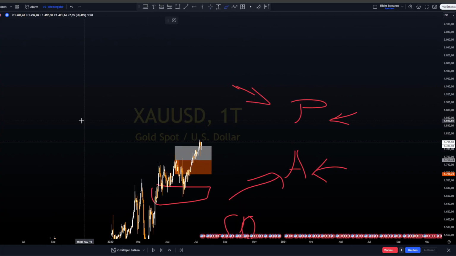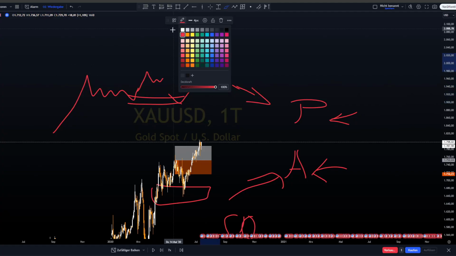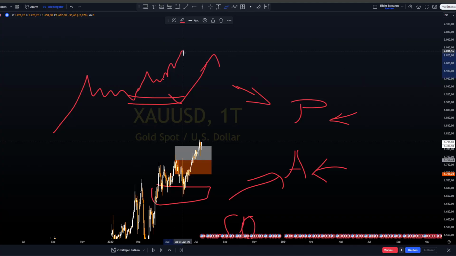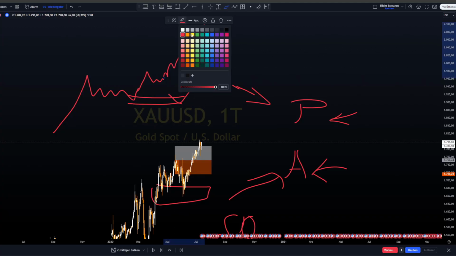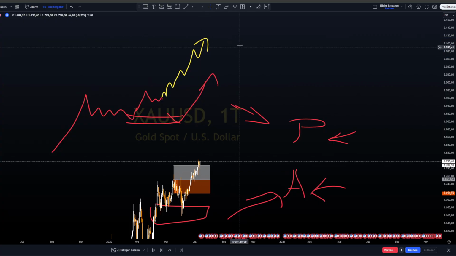What does it mean? Let's say there's a move like that, and you're saying I'm waiting for a pullback into the last demand zone area where I can go long, but instead the price doesn't go back and continues higher and higher, and you missed out on the trade.